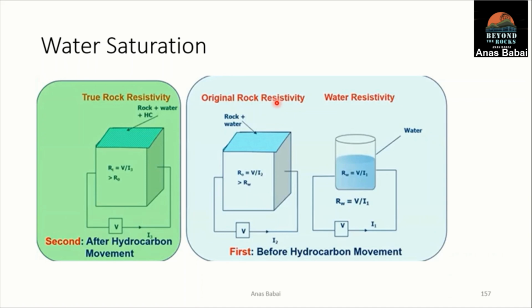For example, if you measure the volume of shale or clay volume and find that it's more than 10%, then obviously the Archie equation is not applicable in that condition, so you have to go for another equation.